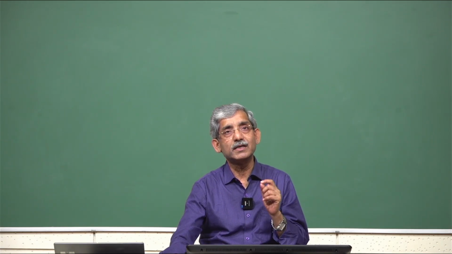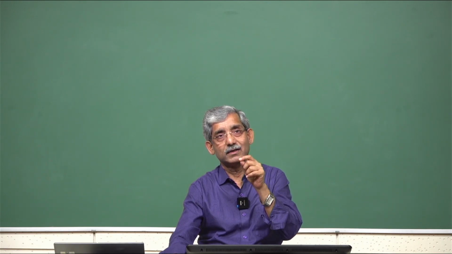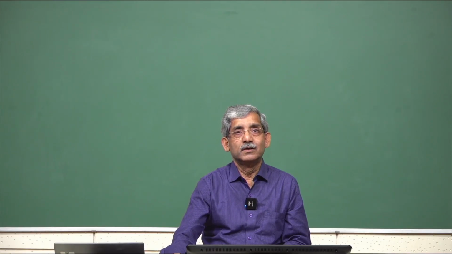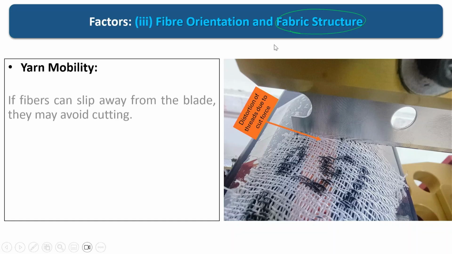So, yarn mobility in case of satin will be higher than plain woven fabric. So, due to this yarn movement, distortion of threads takes place, and that will take extra, additional energy. So, effectively the cut resistance will be high there.